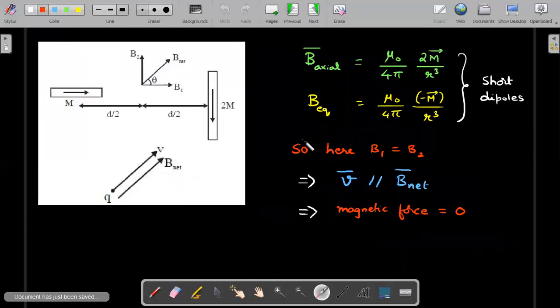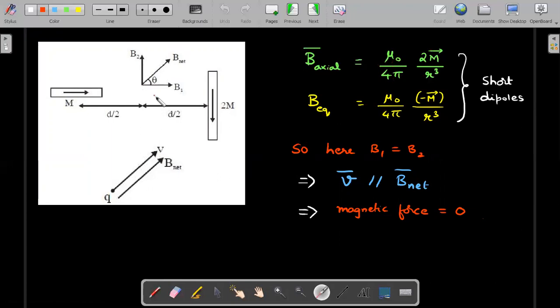So this is a solution that we are looking at. He's asking magnetic force. First and foremost, you need to know how to write the magnetic field on an axis and also on the equator of a magnetic dipole or a bar magnet. Just like your electric dipole, the formulas are very simple. Axial point magnetic field is given by mu naught by 4 pi, here the 2 is important, 2 times of m bar divided by r cube.